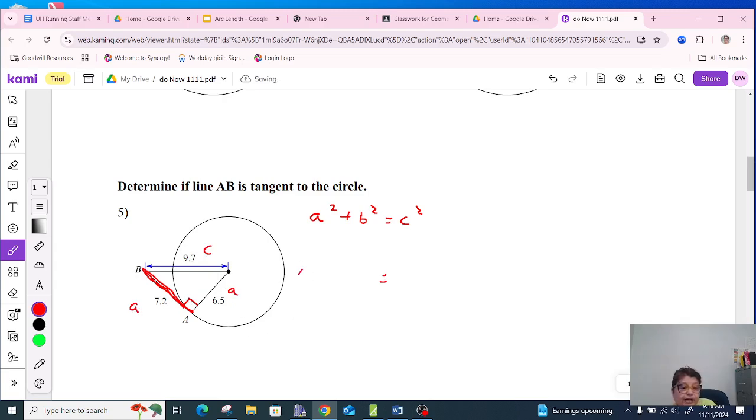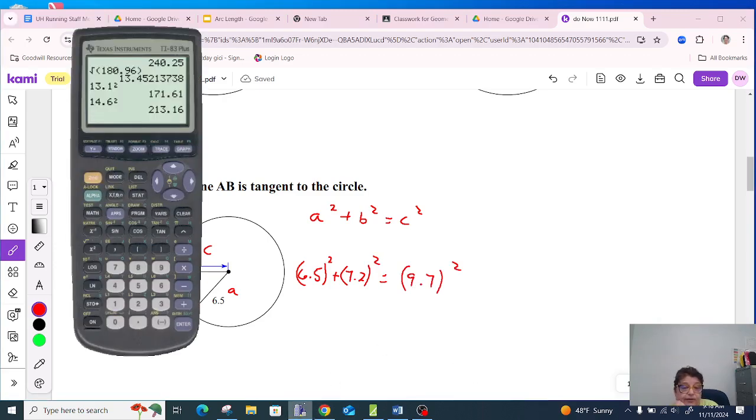So we're just checking, is 6.5 squared plus 7.2 squared equal to 9.7 squared? Are those equal? So I'm going to use my calculator. 6.5 squared plus 7.2 squared gives me a total of 94.09.